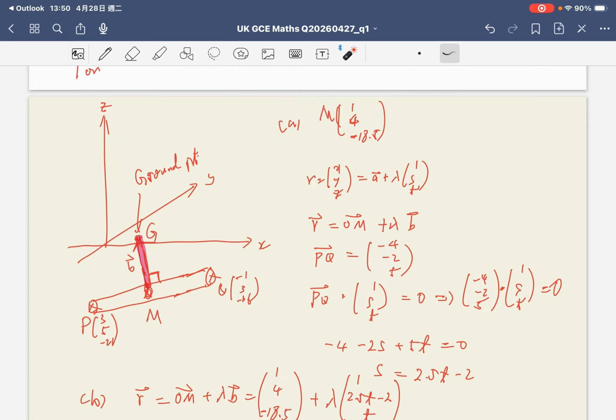Because you can see the z coordinates, this is deeper, and this is relatively higher than this position. Q is relatively higher than the position of P, and we have some slope of this tunnel. Once the ventilation is perpendicular to the tunnel, then you can see that the direction of this one is not perpendicular to the ground plane.